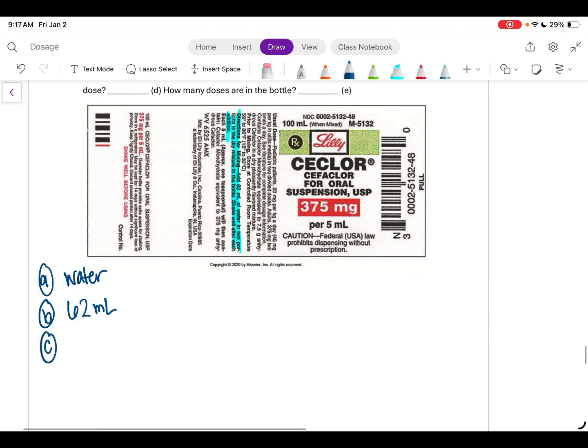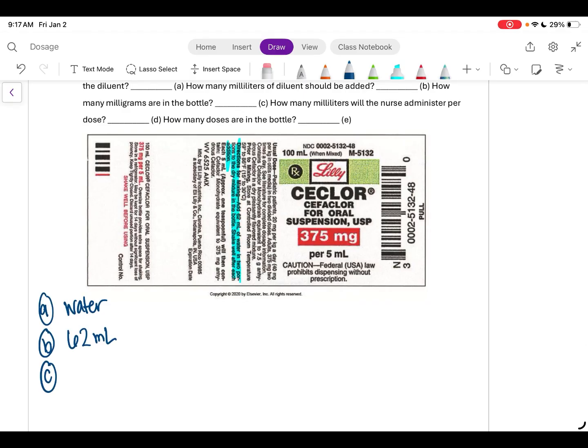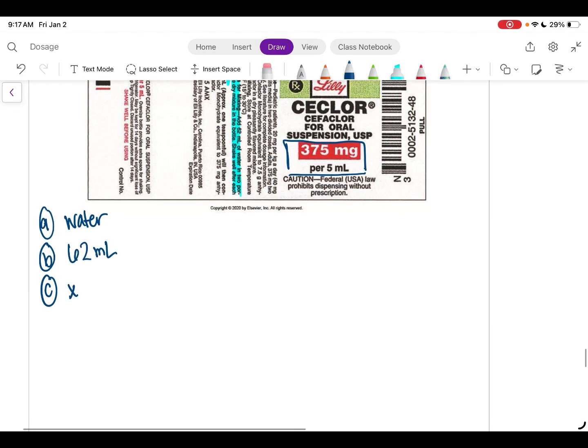How many milligrams are in the bottle? Right. So for this one, I need my concentration, which is right here. Right. And then how much the total bottle holds, which is right up here. Right. So how many milligrams? X mg. Right. My concentration from the label, 375 milligrams for every 5 milliliters.